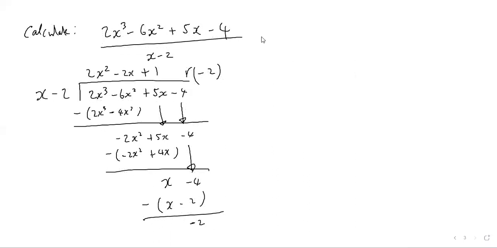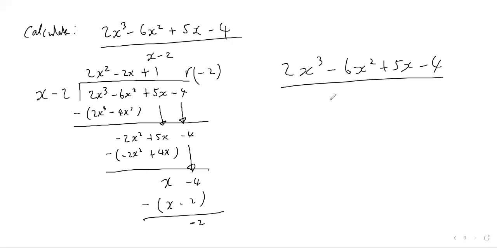So we get a final answer, 2x cubed minus 6x squared plus 5x minus 4 divided by x minus 2 is equal to 2x squared minus 2x plus 1 with a remainder of minus 2. And again, what does that mean?